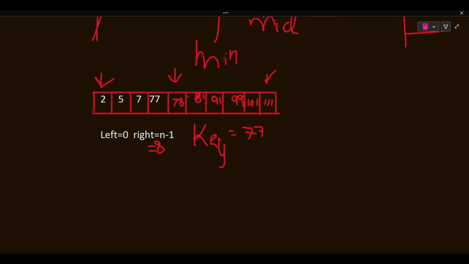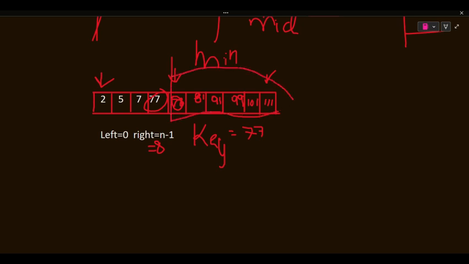So we'll check whether the given key value 77 is less than or greater than the mid element. Here in this case, the value at the mid index is 78, which is greater than 77. So we'll eliminate the right side part of the array.